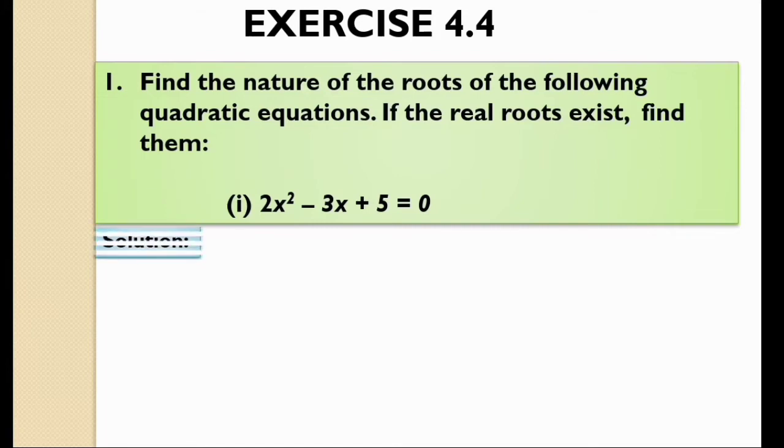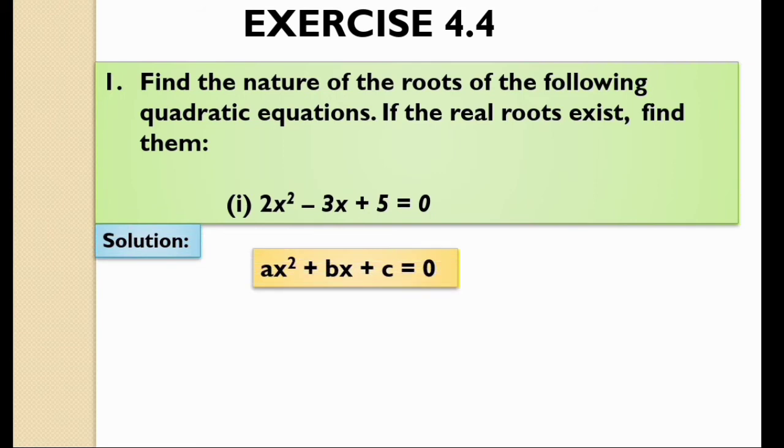Let's start the solution. First, we will compare this given quadratic equation with the standard form, ax² + bx + c = 0. Here you can see the coefficient of x² is 2, so a = 2, b = -3 and c = 5.